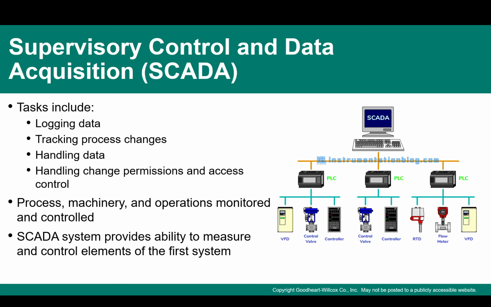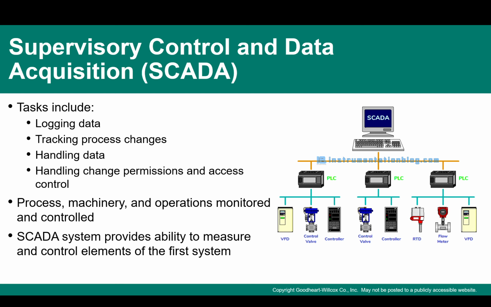Overall, to manage all these PLCs, we use a SCADA system. We call it the Supervisory Control and Data Acquisition system. You can think of this as software which basically monitors all of your PLCs connecting to different devices. In simple words, that's exactly what the right-hand picture is showing you.